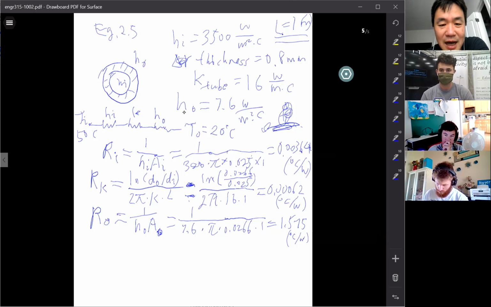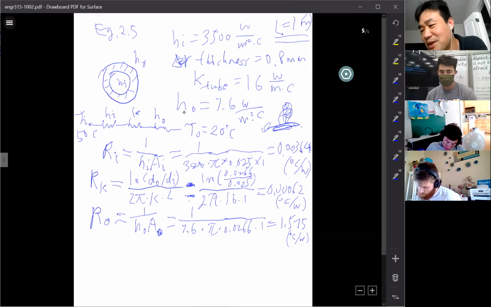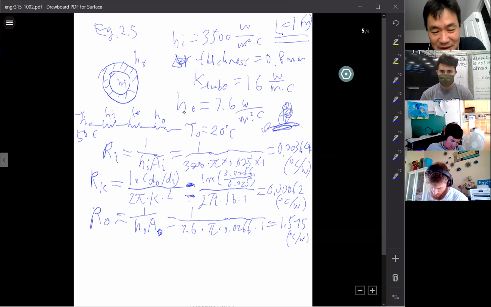In this case, the outside convection, HO, exterior convection has a much, much greater resistance than the other two. So this is the characteristic heat transfer material, okay? Controlling material. So basically the question is which area you're going to use when you convert into U, right? So this is the area, A out will be used.